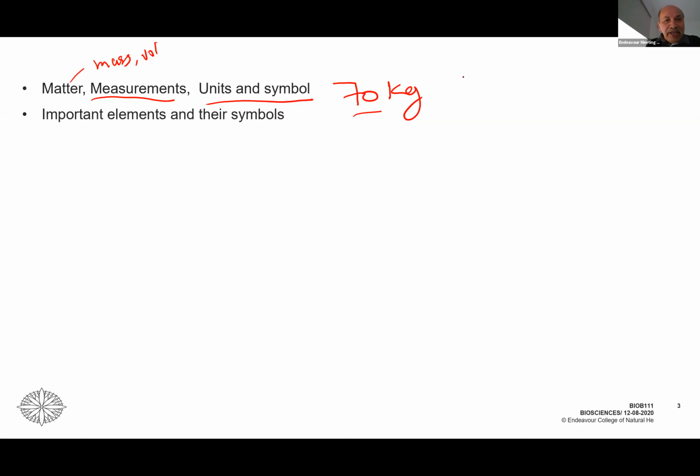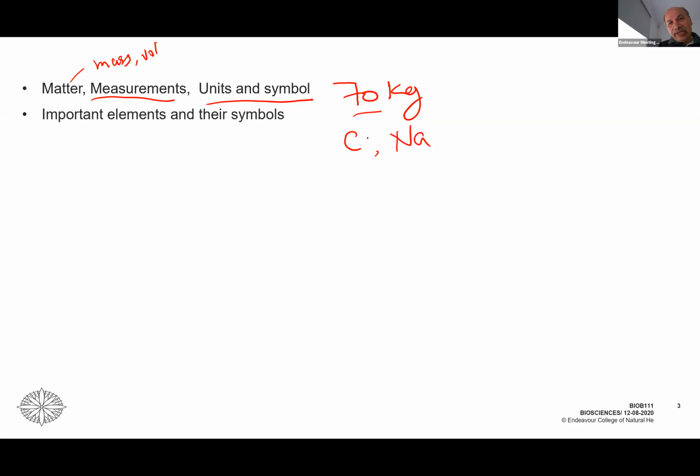All right, important elements and their symbols. Elements are represented by symbols. For example, C for carbon, Na for sodium. So you have elements with a single letter, you have elements with two letters.